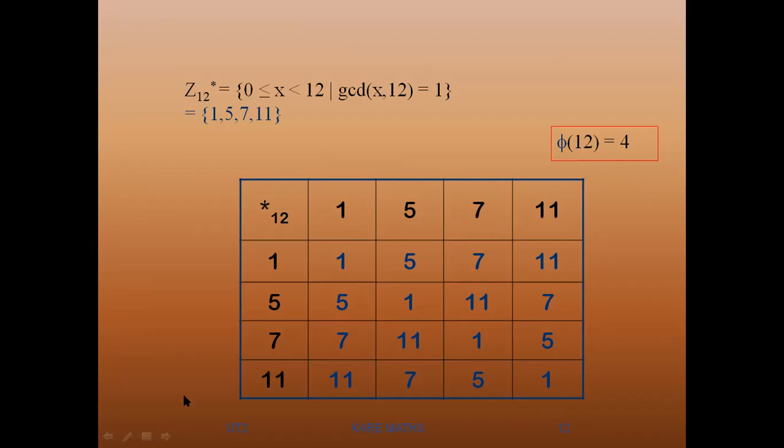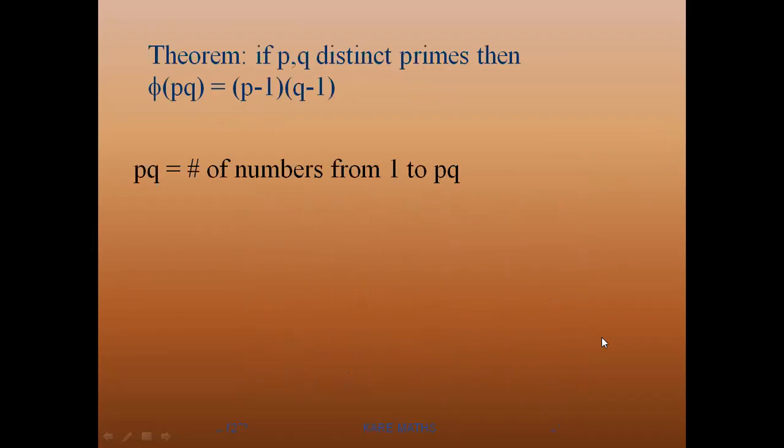So this is how we frame the multiplication modulo table, based on the relatively prime numbers. This is a general statement: if P and Q are distinct primes, then phi of PQ is equal to (P minus 1) times (Q minus 1).